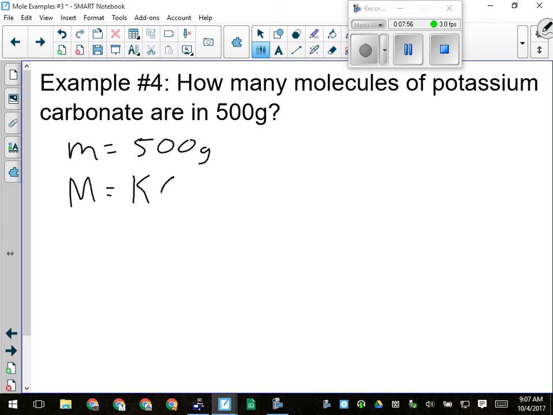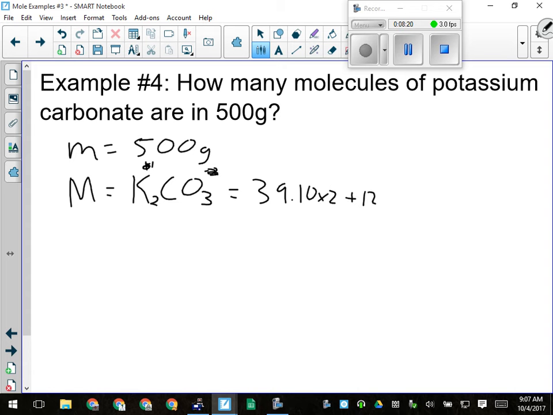So that is K with CO3, which is an ionic compound. So this is a -2 and this is a +1. So we're looking at K2CO3. All right, so I can remember potassium is 39.10. And there's 2 of it. Okay, how many carbon are there? 1.